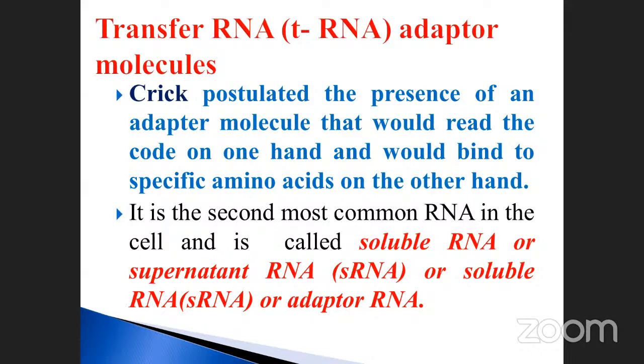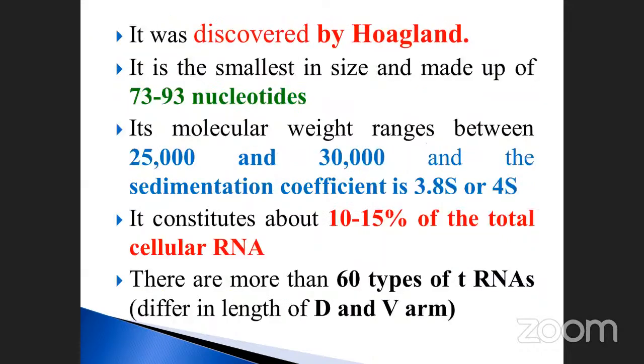We already discussed: one end reads the codon, and the other end specifically binds the amino acid. It has 73 to 93 nucleotides. Discovered by Hoagland. Molecular weight is 25,000 to 30,000. The sedimentation coefficient is near 4S or 3.8S.